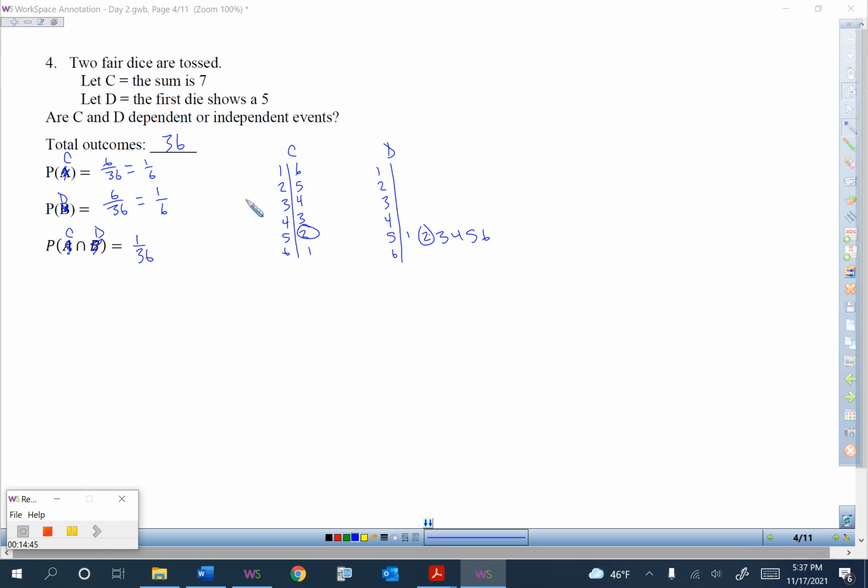Of these 5 starting numbers, only one of them had a sum of 7. So that is 1 out of 36. And our last step, we're looking at 1/6 times 1/6 compared to 1 over 36. 1 over 36 is equal. And with that, we can say these are independent events.